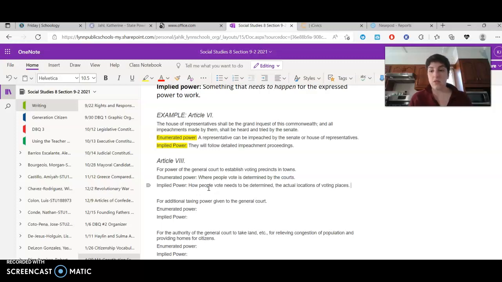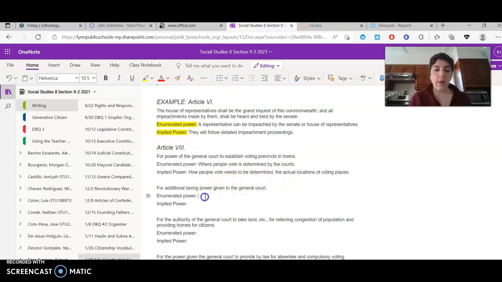So, for instance, we use schools a lot as a voting location. They had to determine that. So if you notice, you're making up the implied power, but it has to be sort of based off of what is being spoken about in this particular law, okay? Enumerated power, you are basically bringing up what it says. The implied power, you are coming up with something that needs to be done for this to work.